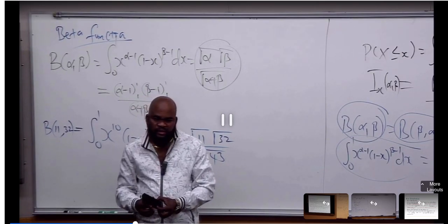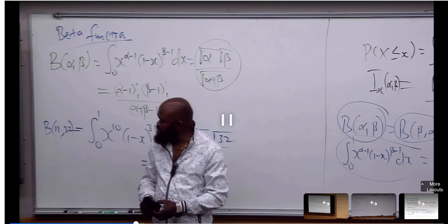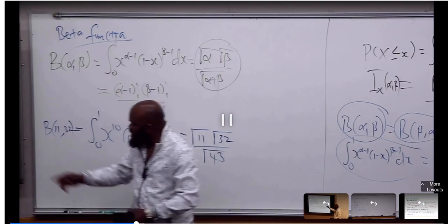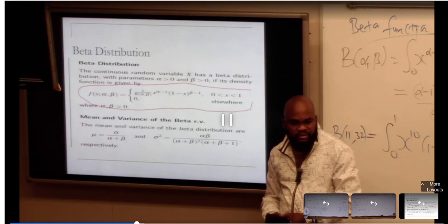So finally, when you're talking about modeling rates, proportions, percentages, anything that lies in the range of 0 to 1, we're going to use a beta distribution.